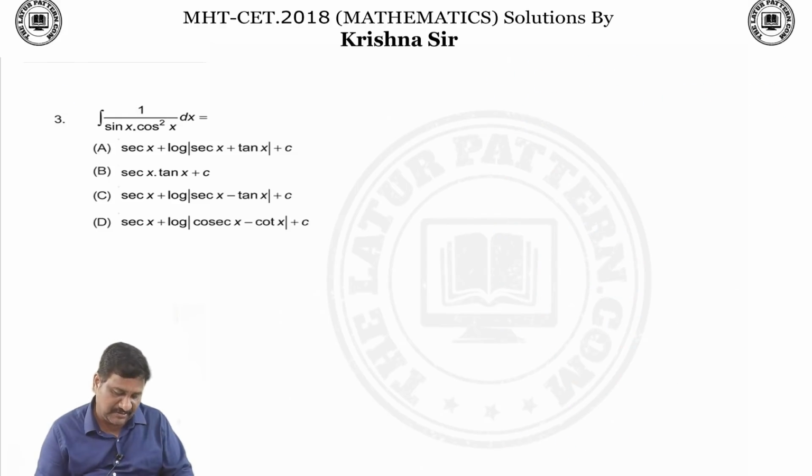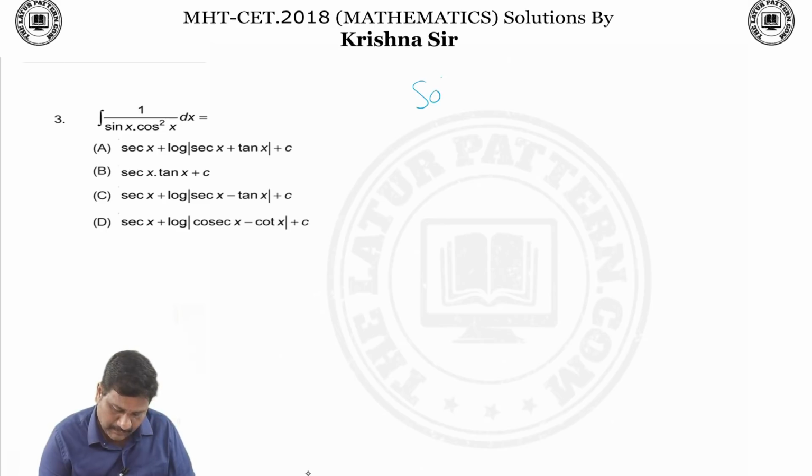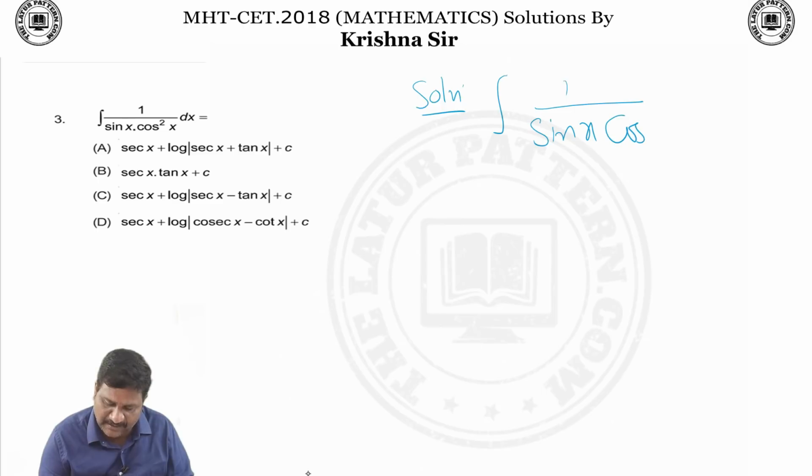Now the solution for question number 3. The problem is given: the integral of 1 upon (sin x into cos square x) dx. Now we have to solve this.